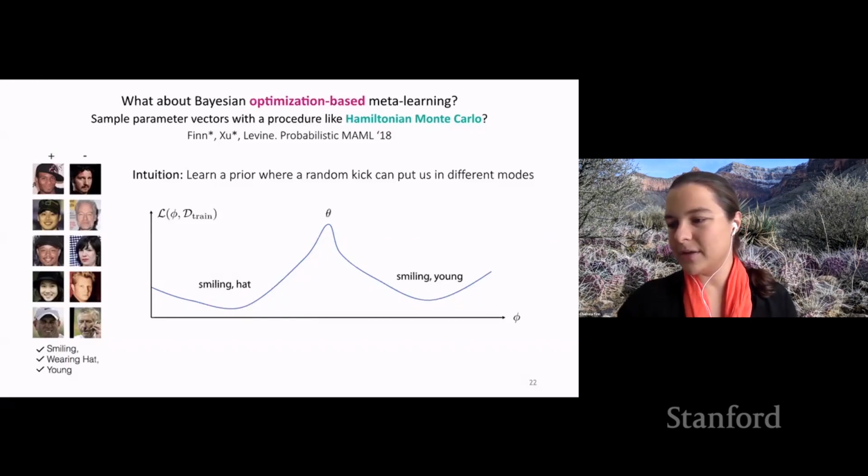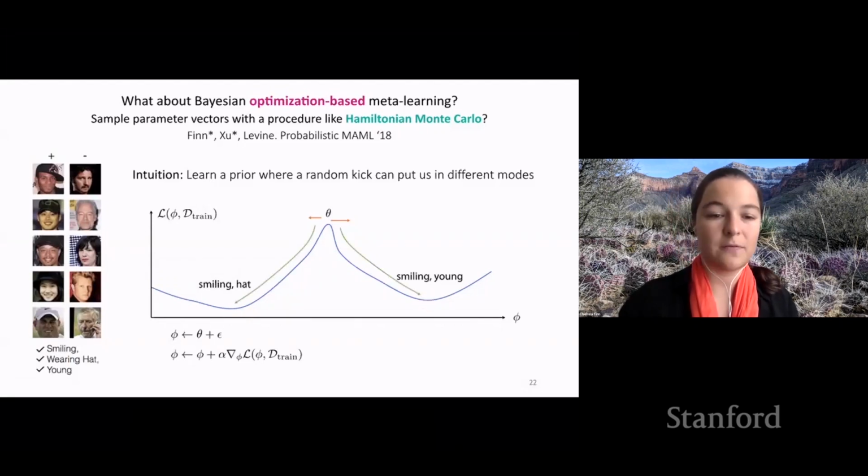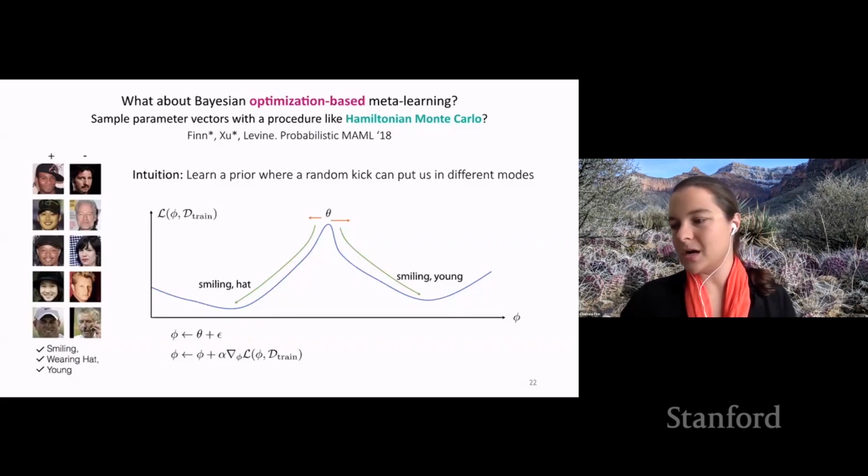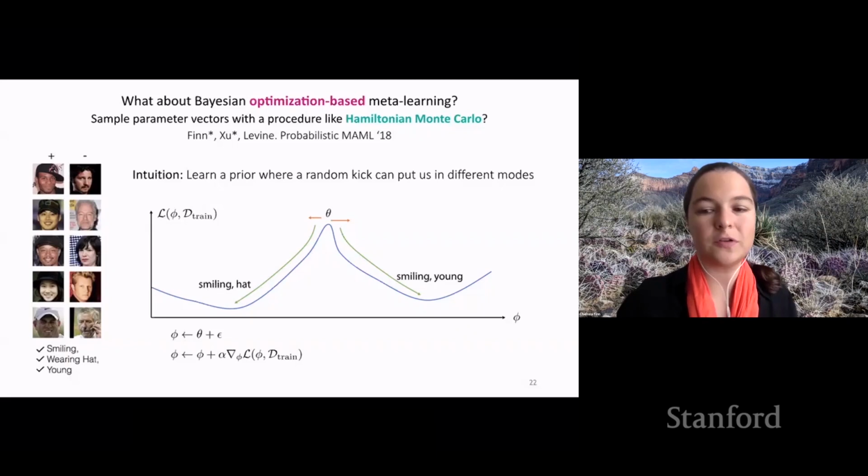We want a prior such that if you add a little bit of noise from this starting point, you end up in one of these two modes. Then if you run gradient descent, you'll end up at the optimum for each of those two modes. I just put down two modes here because it's easiest to visualize, but in practice you may have more than two modes.